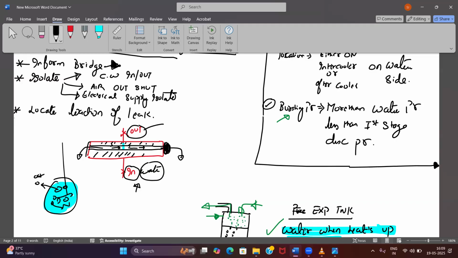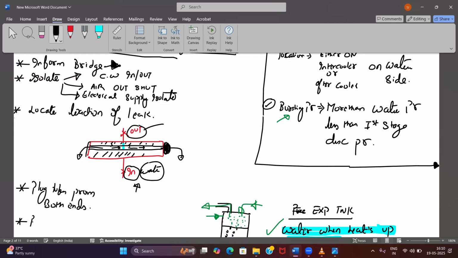Okay. And then you need to plug the tubes. The next step is to plug the tubes from both ends. Plug the tubes from both ends.